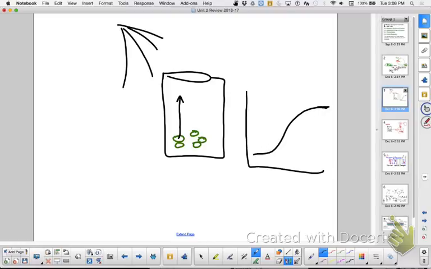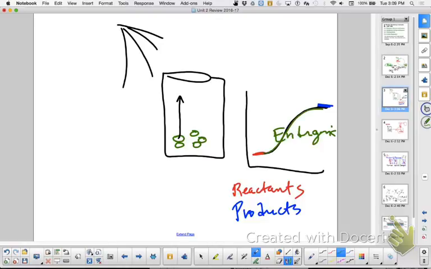If my energy starts here with my reactants, and my products are here, that means energy-wise, I have increased the amount of energy they have, so that must be what kind of reaction? Endergonic. Okay, so energy had to go into this in order for the products to have more energy. Where could that have come from?